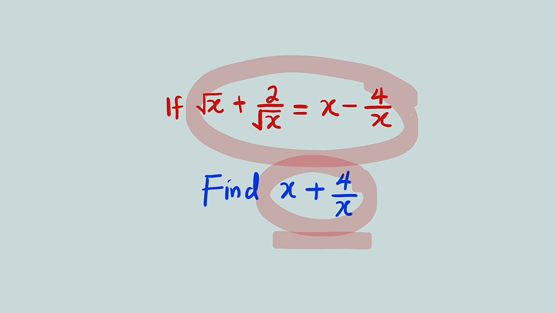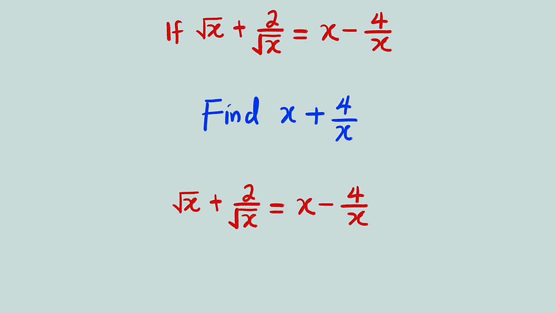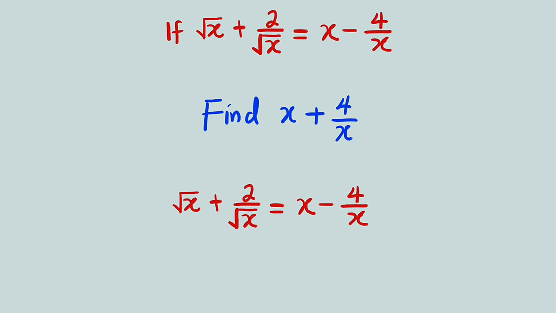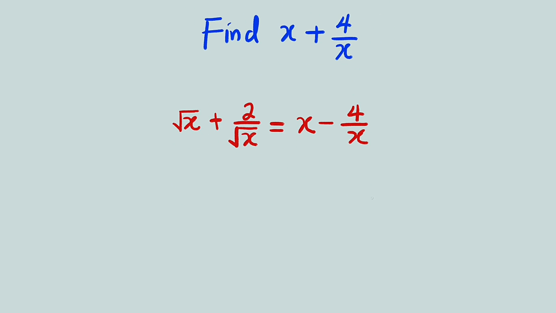We are going to begin with our main equation. Okay, this is our main equation. And also, I want to transform the right-hand side of this equation as a difference of two squares. Remember, a difference of two squares, if you have a squared minus b squared, you can always write it as a minus b multiplied by a plus b.